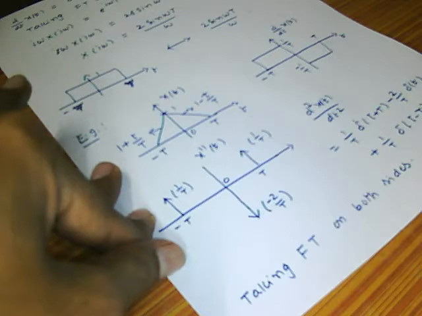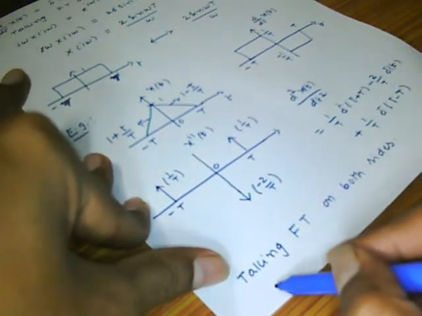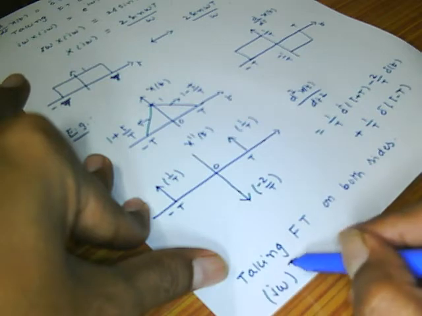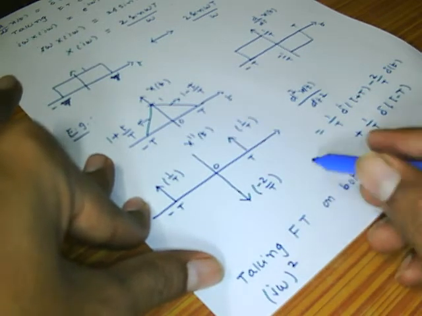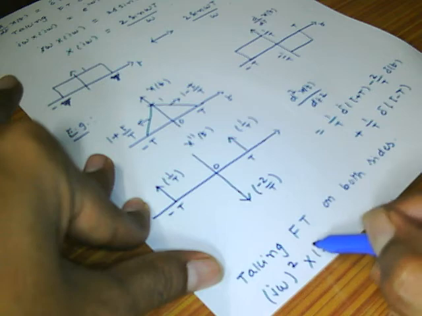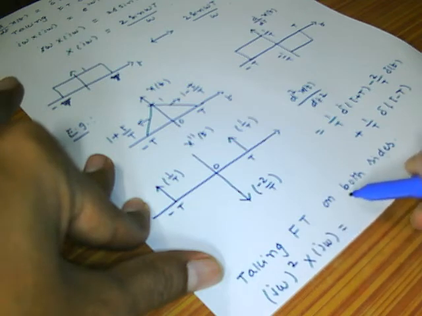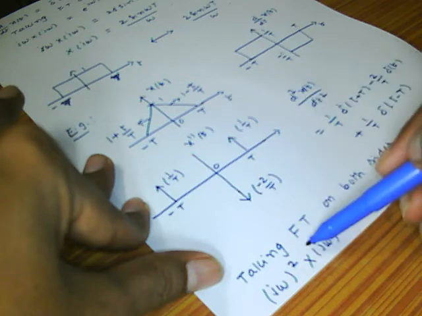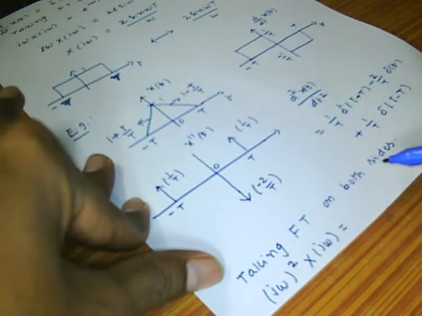Because I'm differentiating twice, I get (j omega) whole square into X of j omega, equal to, on the left hand side I apply the differentiation in time domain property, and on the right hand side the time shifting property.